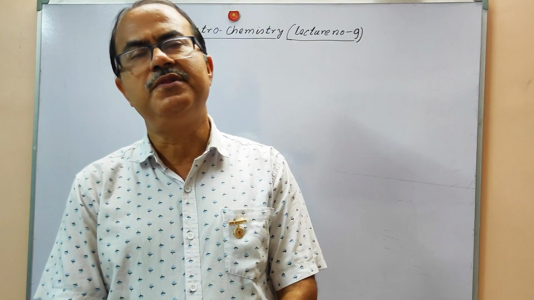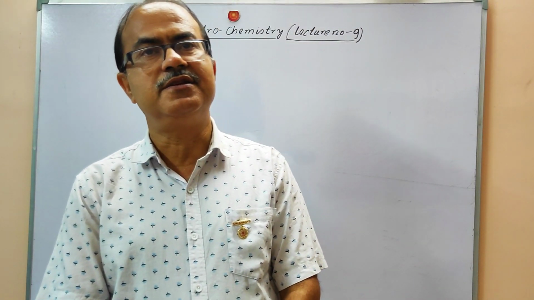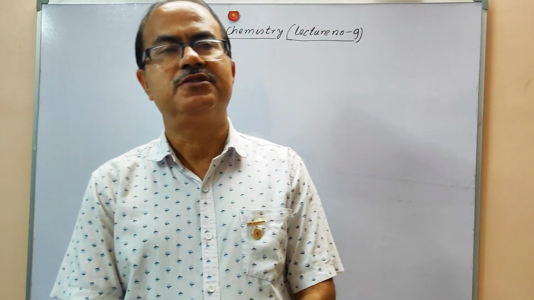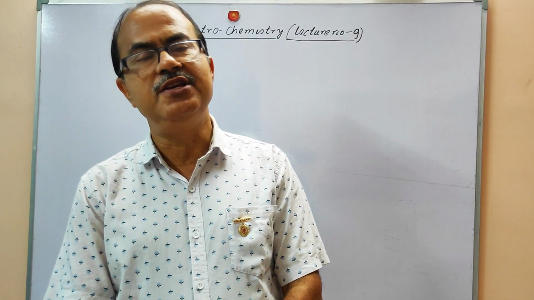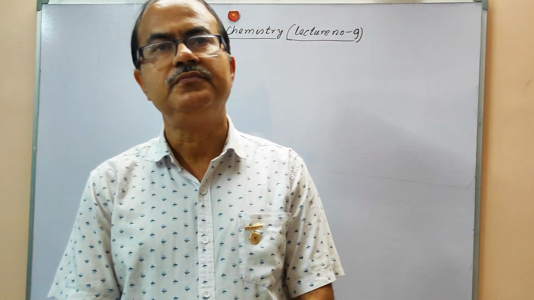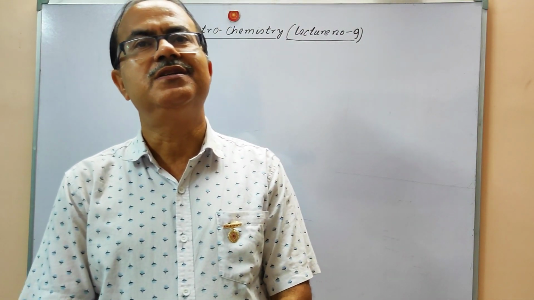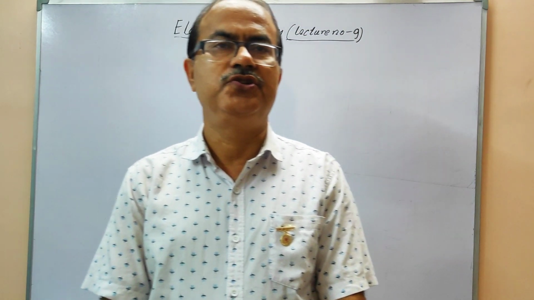In the fifth lecture we discussed some important relationships, like the relationship between the standard cell potential and the equilibrium constant, the change in the Gibbs free energy with the equilibrium constant, and the change in the Gibbs free energy with the standard cell potential.